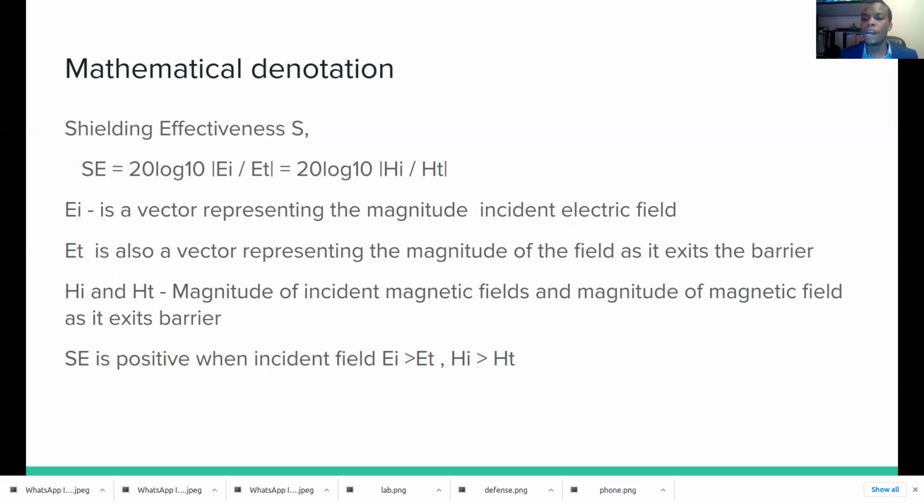For this value of SE, or shield effectiveness, to be positive, from simple math, you need EI greater than ET, or HI greater than HT. The incident magnetic and electric fields have to be greater than the magnitude of the fields as they exit or leave the barrier.